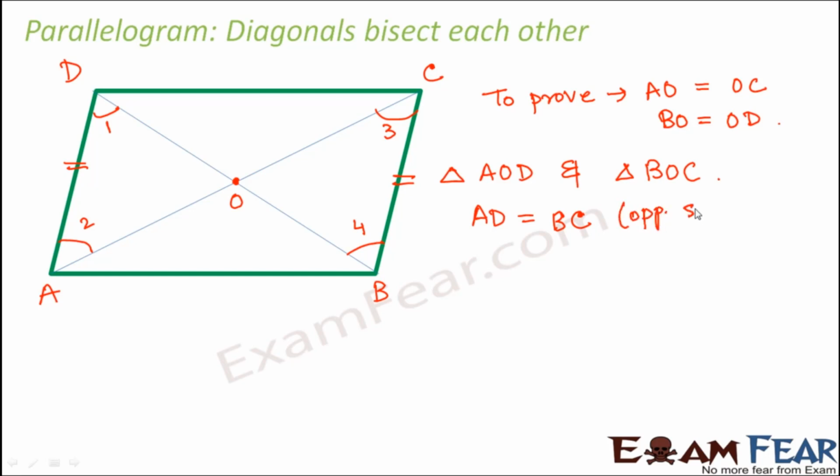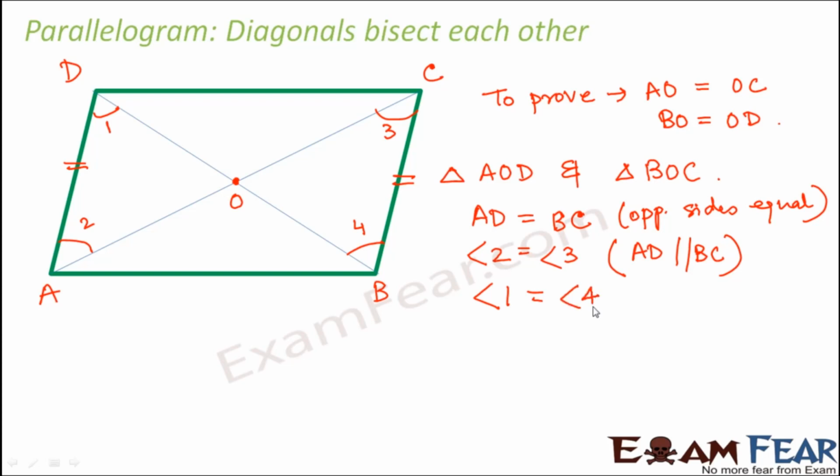Now, opposite sides equal. Next thing that we see is angle 2 is equal to angle 3. This angle equals this angle because these are alternate angles, and we know that in a parallelogram, opposite sides are parallel. In a similar way, angle 1 will be equal to angle 4.